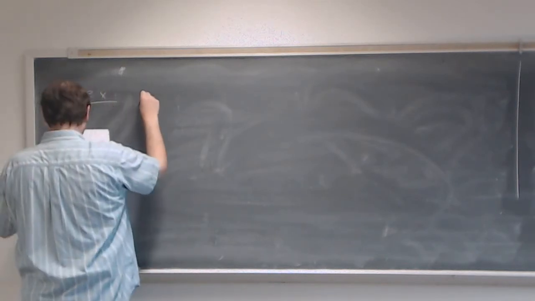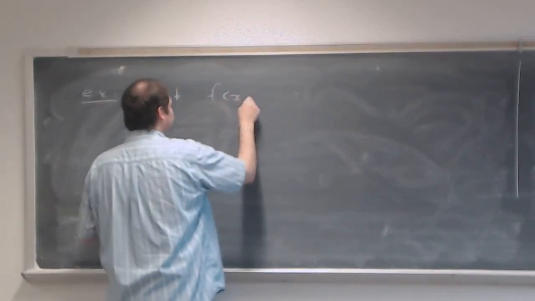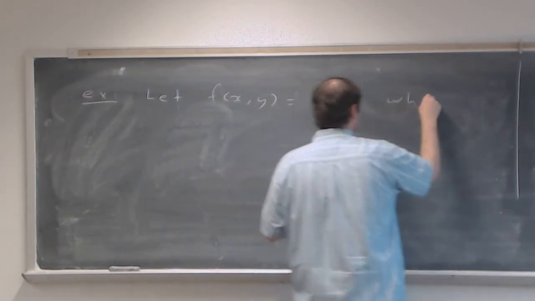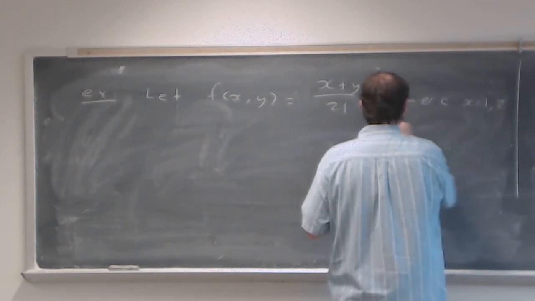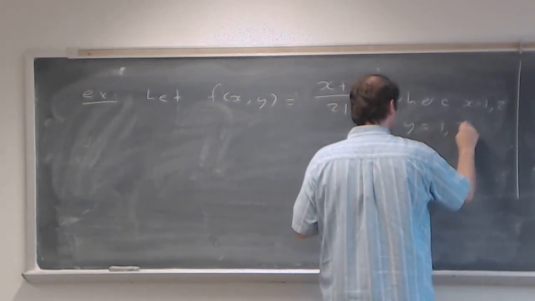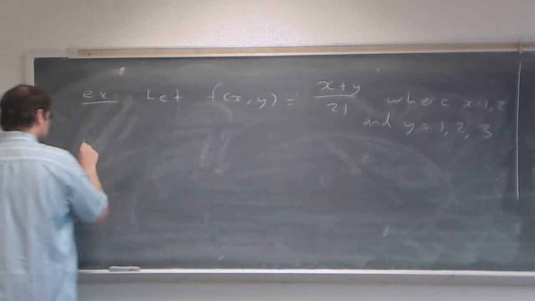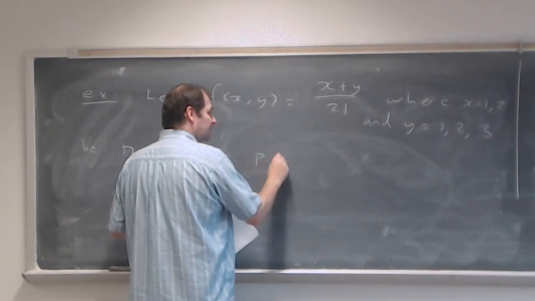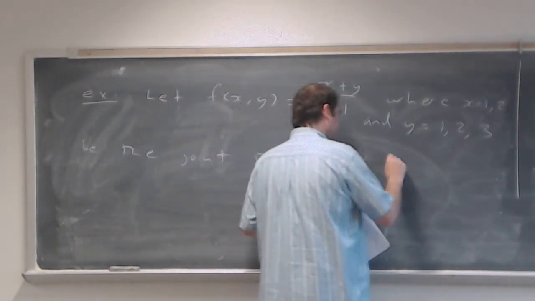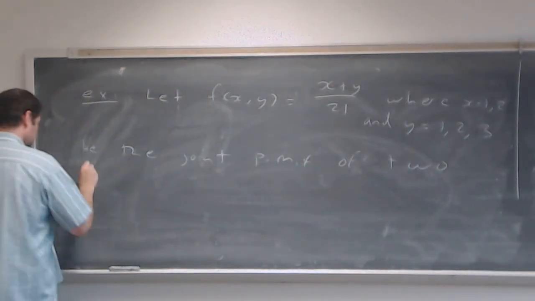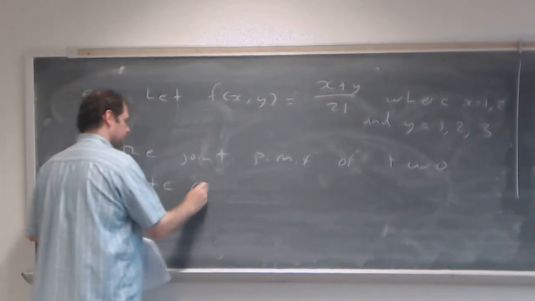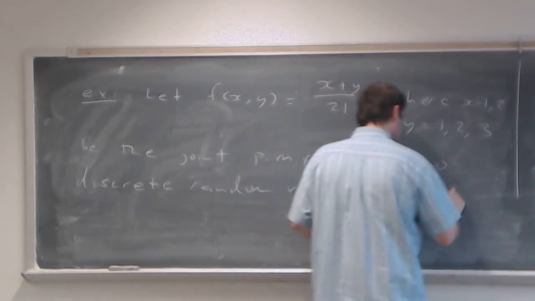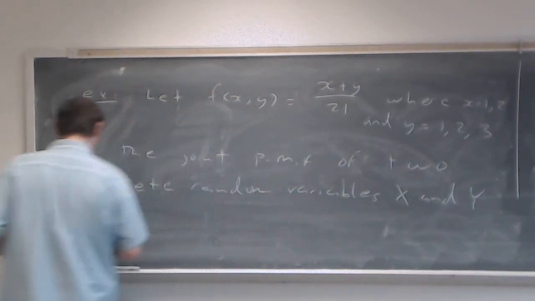We're going to let f of x comma y equal x plus y over 21, where x is equal to 1 and 2, and y is equal to 1, 2, and 3, be the joint probability mass function of two discrete random variables, X and Y. So here are the directions.